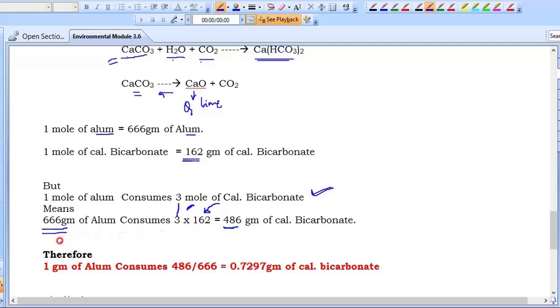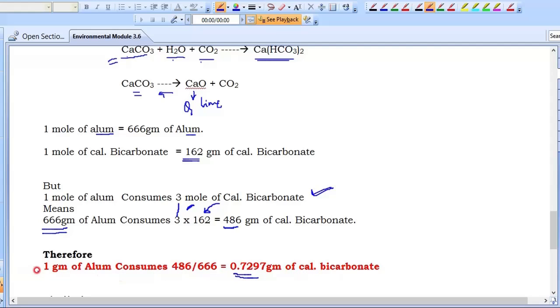Means every 666 gram of alum you add, 486 gram of calcium bicarbonate should be present in the water. Means every 1 gram of alum consumes how much? 0.7297 gram of calcium bicarbonate.